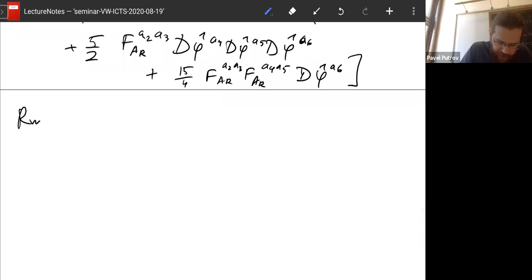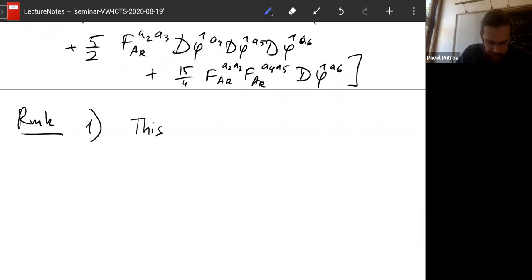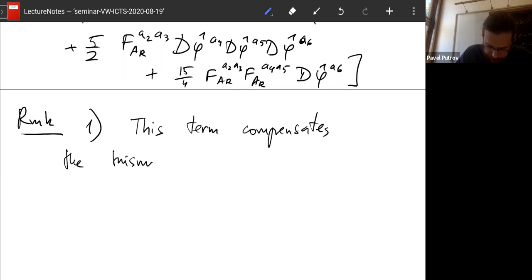Let me make the following remark: this term has the following meaning. It can be used as a term which compensates the mismatch of the SU(4) R-symmetry anomaly.